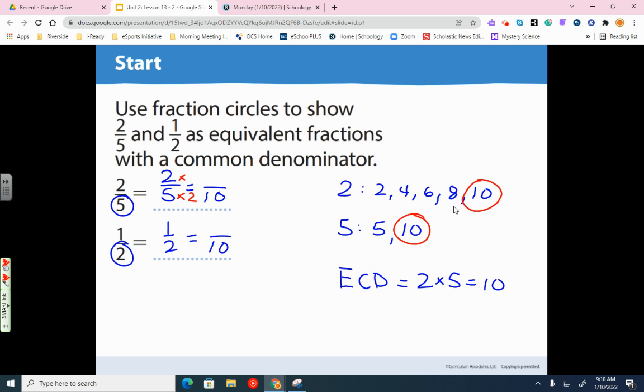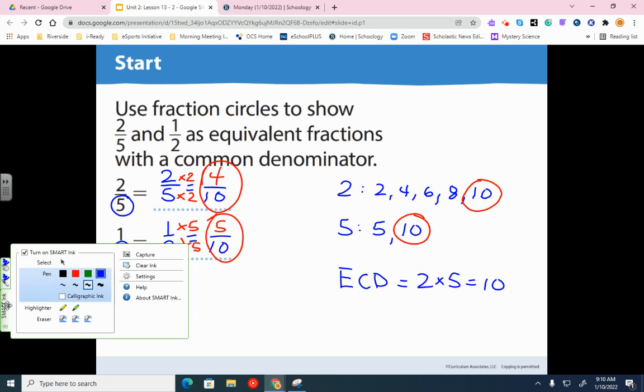So times 2, that gives me 4/10, and this gives me 5/10. So again, it's very important with adding and subtracting fractions to find the equivalent fractions by basically changing that bottom number so it's the same for both. And that's what we did there.